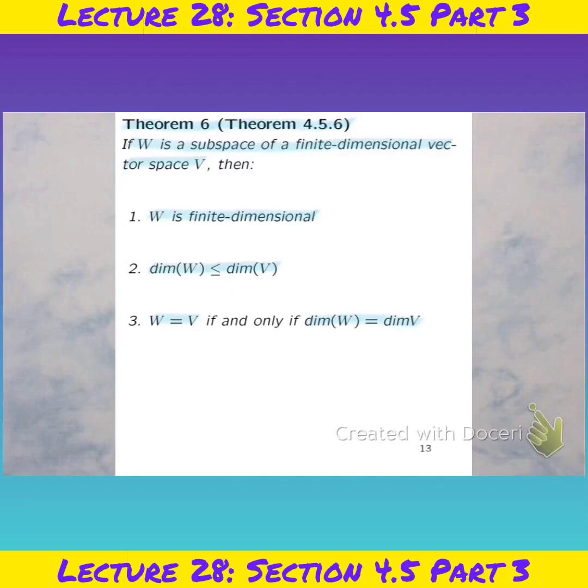So quickly look at the first one. If W is a subspace of a finite dimensional vector space, why is it that the subspace inherits the finite dimensional property from the space V?